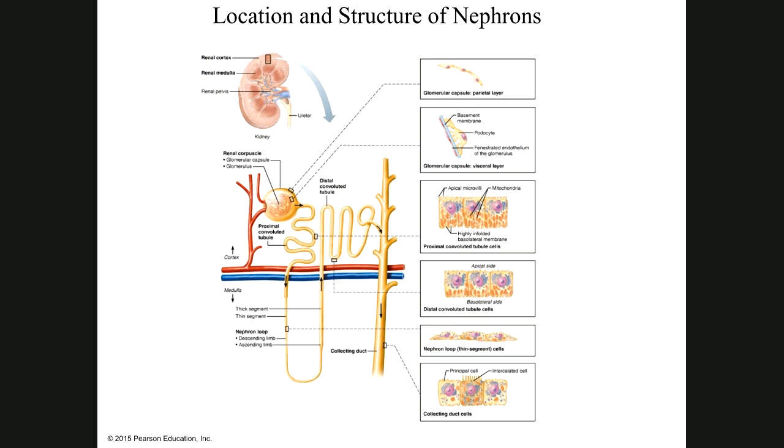So what I am saying is that we have the parietal layer that is squamous. We have the visceral layer that is close to the glomerular capillaries, and we have those branching epithelial cells, the podocytes.